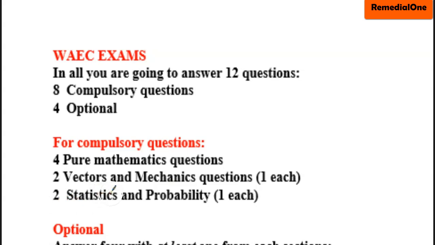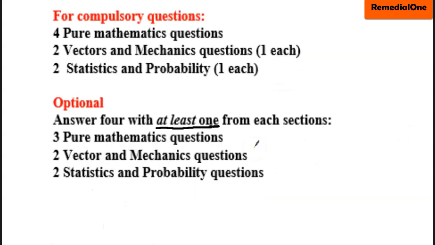Then we have statistics and then probability. So 1 for statistics, that is correlation and then regression. So that is 1. And then probability, permutation and combination, binomial probability. So every time you get a question in each. Let's look at the optional.